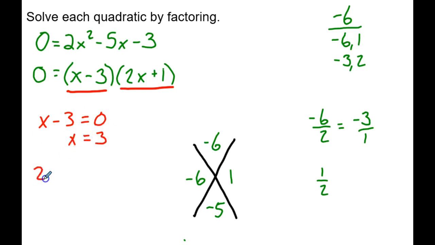Then I set 2x plus 1 equal to 0. First, I would subtract 1 from the other side, and then divide by 2, so I get x equals negative 1/2. So my two solutions to this quadratic equation, if we're solving it using the factoring method, are x equals 3 and x equals negative 1/2.